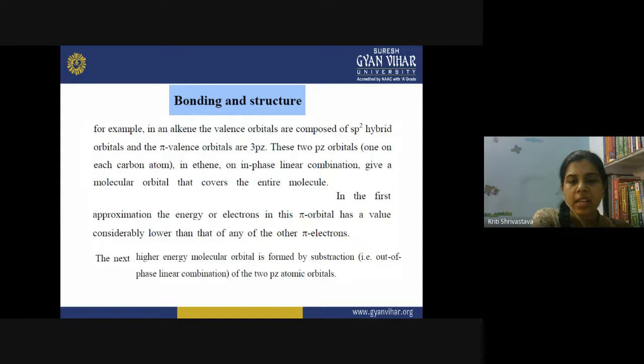Again, the two pz atomic orbitals are involved in the formation of the pi anti-bonding and bonding molecular orbitals. When there is in-phase linear combination, we get a bonding molecular orbital which has lower energy, and therefore all the pi electrons go into it. The out-of-phase linear combination results in the formation of the anti-bonding molecular orbital of ethene, and it is always empty.